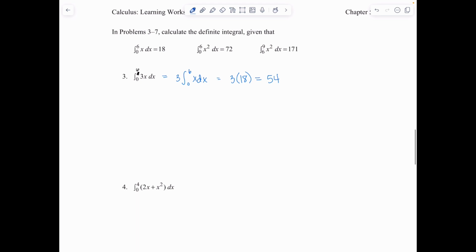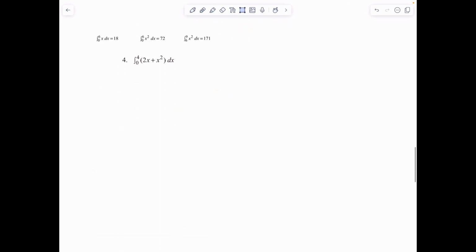Okay, next we have the integral from 0 to 4 of 2x plus x squared. And again, it says 4. It's supposed to be a 6. So let's use the property that allows us to break each one of these into their own. So we have the integral from 0 to 6 of 2x dx plus the integral from 0 to 6 of x squared dx.